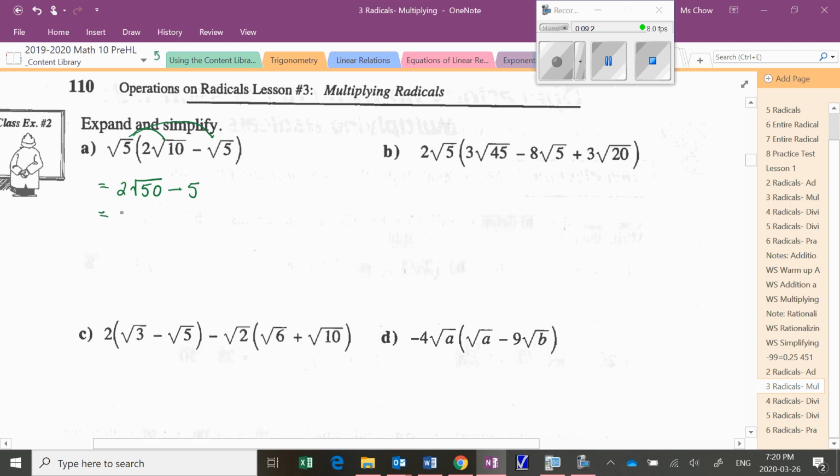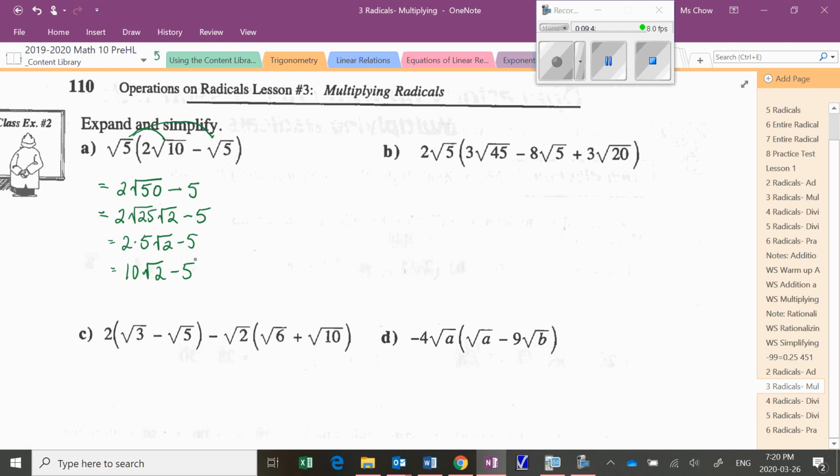And then root 50 can, of course, be simplified to the square root of 25 times the square root of 2. So that's, whoops, minus 5. Don't want to forget that piece. So that's 2 times 5 root 2 minus 5, or 10 root 2 minus 5. And that's as far as we can get, because those are not like terms or like radicals.